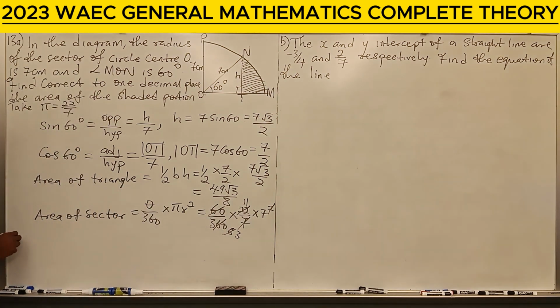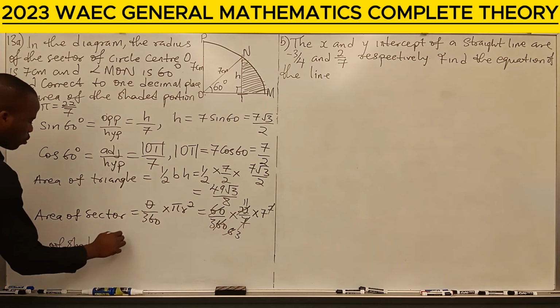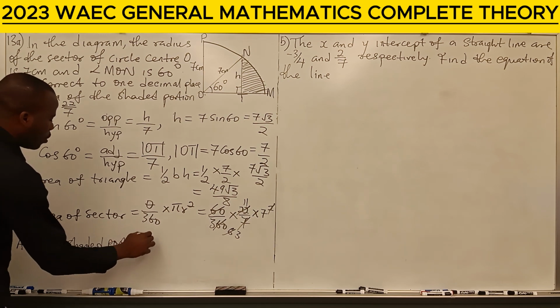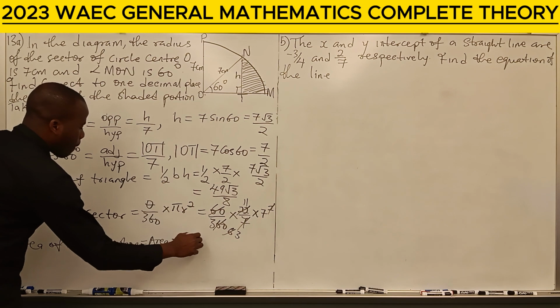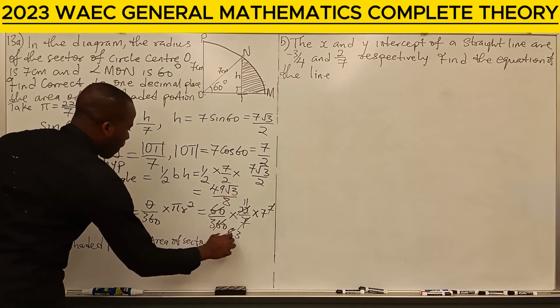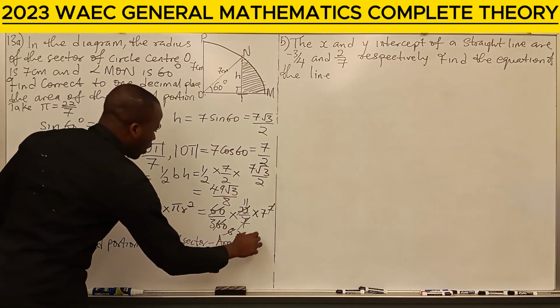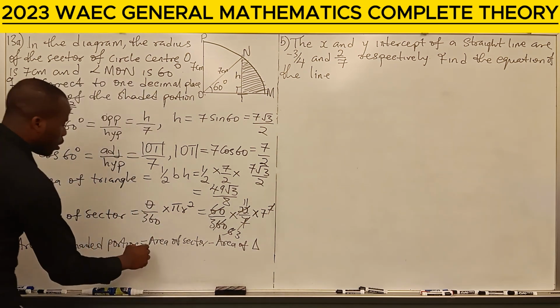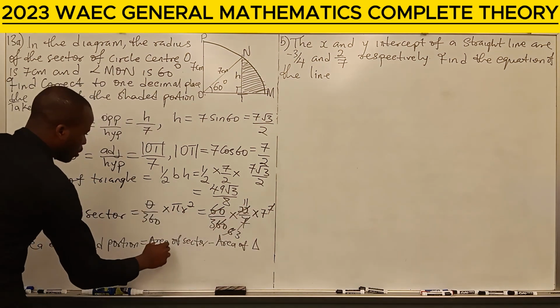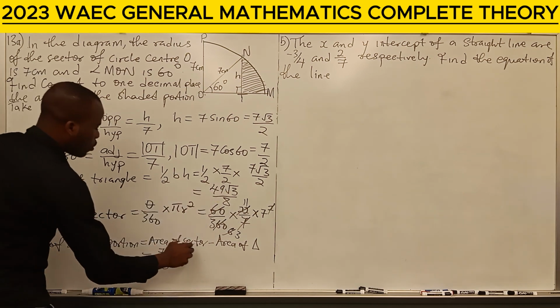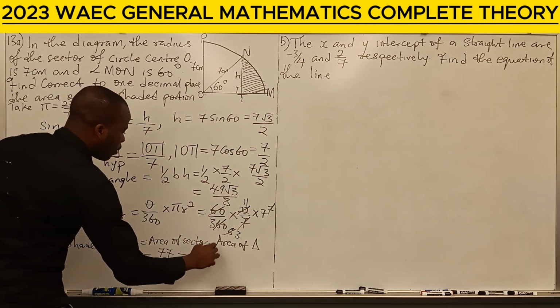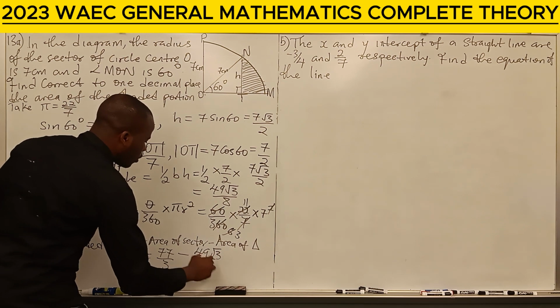Therefore, area of shaded portion will be area of sector minus area of triangle. Area of sector is 77 over 3 minus area of triangle is 49 root 3 over 8.